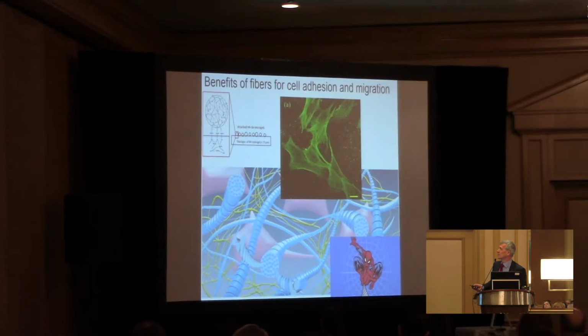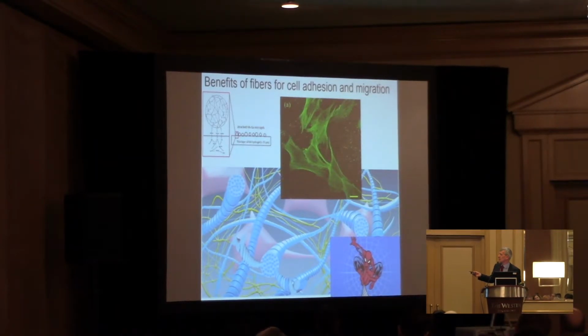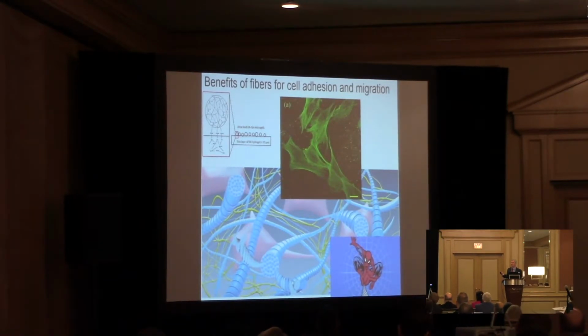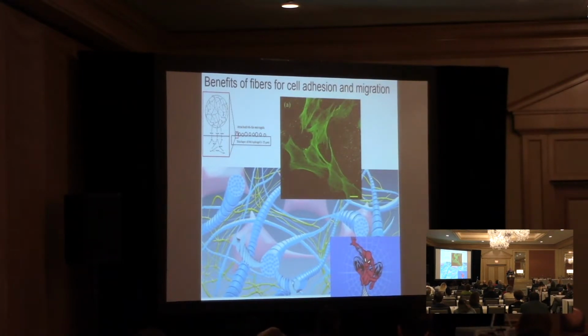The role of fibers inside the gel is illustrated here, where in a solution with cells, we have imaged the F-actin, a protein that is shown here in green. It's fluorescent, and it gives you a picture of all the binding sites and the adhesion between the cells and the substrate.